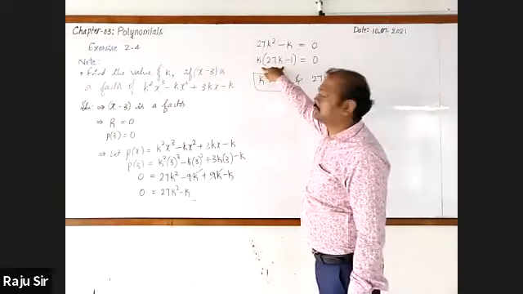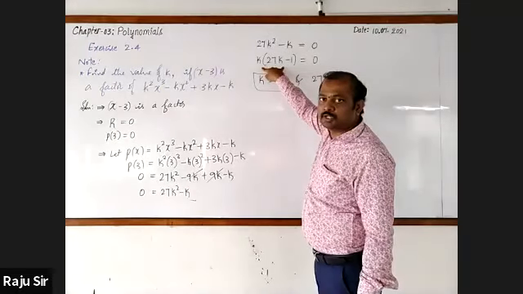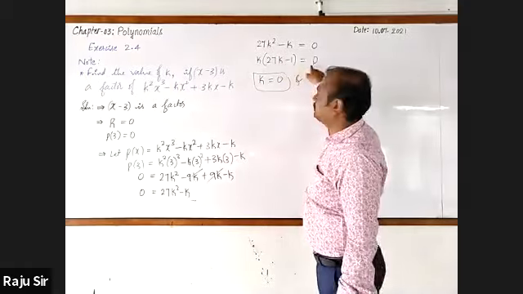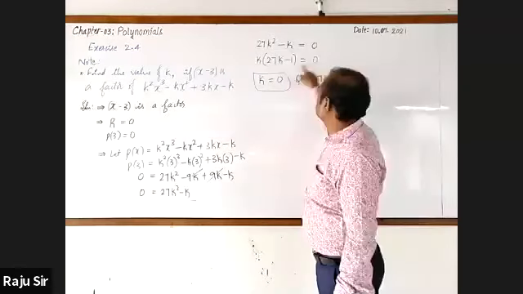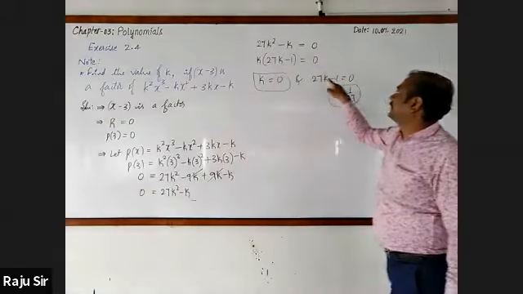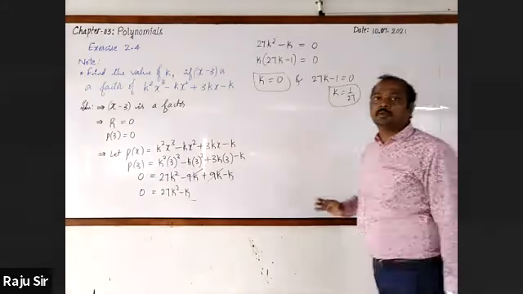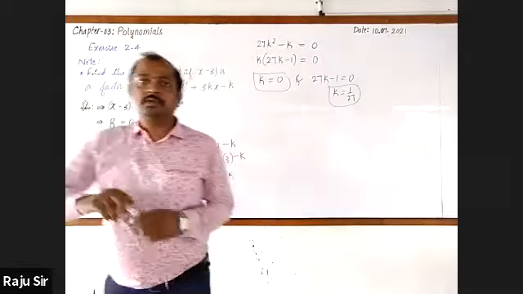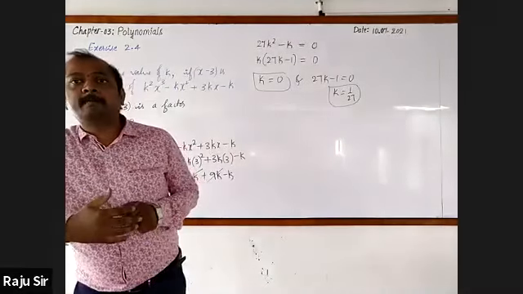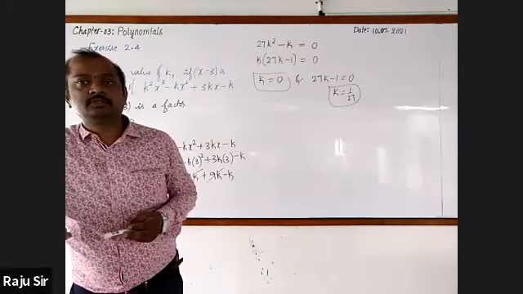Next, since we have the terms in product form, I'm equating each term to 0. So k is equal to 0. Then 27k minus 1 is also equal to 0. Hence k will be 1 by 27. Did you understand? Any doubt? If there is doubt, show like this.